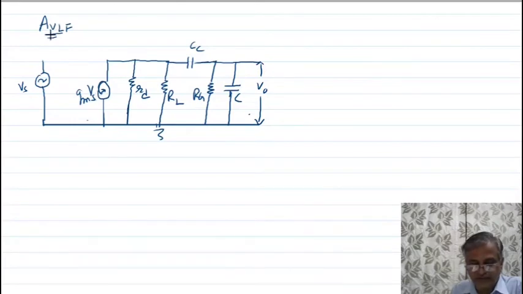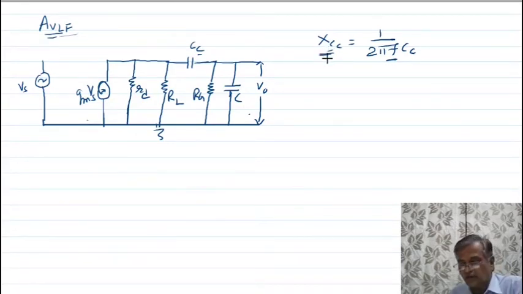We want to discuss the gain at low frequency. See, at low frequency, the reactance of the coupling capacitor is given by this equation. If f is low, then its reactance is large. Reactance is a kind of resistance, so the resistance offered by the coupling capacitor is large.